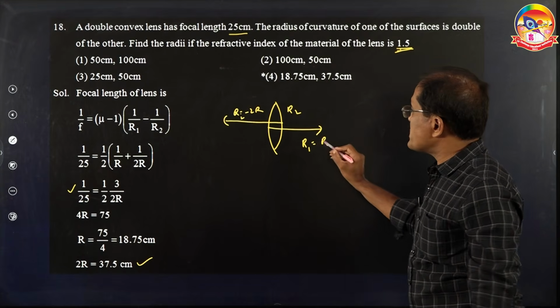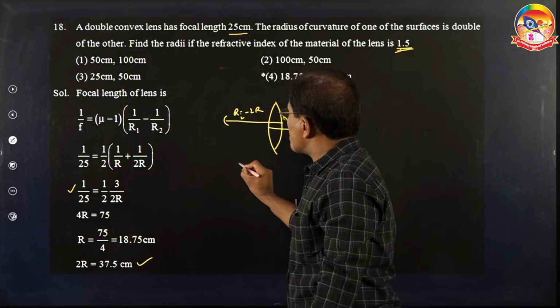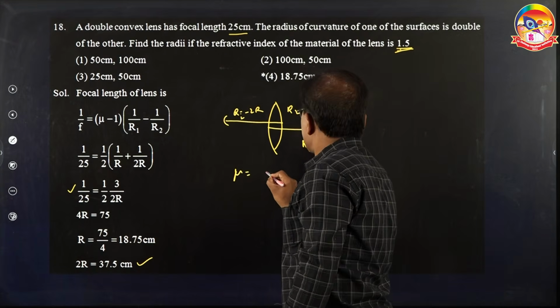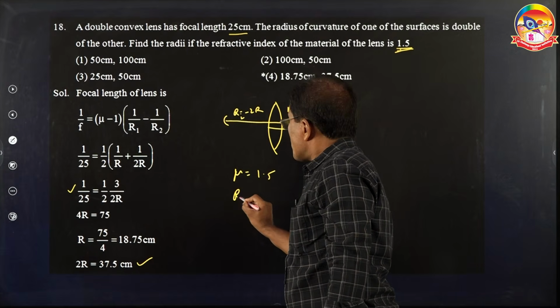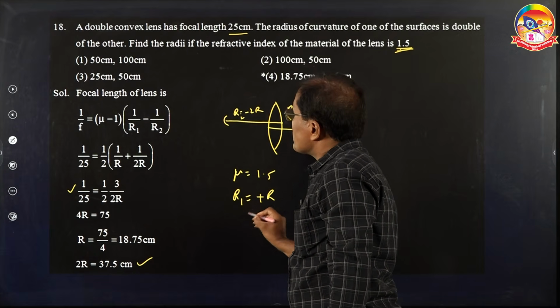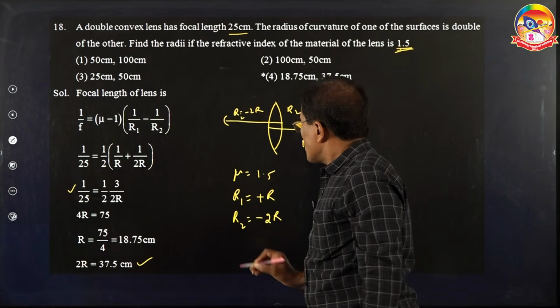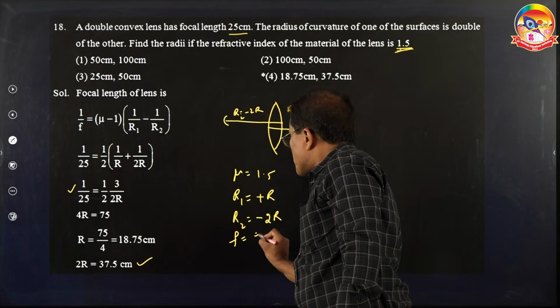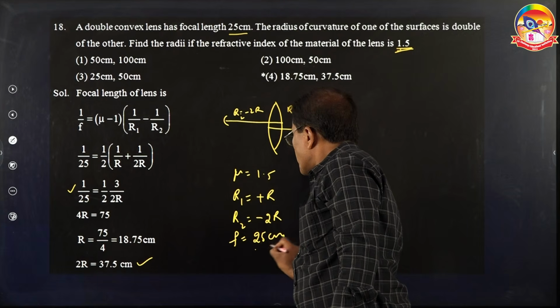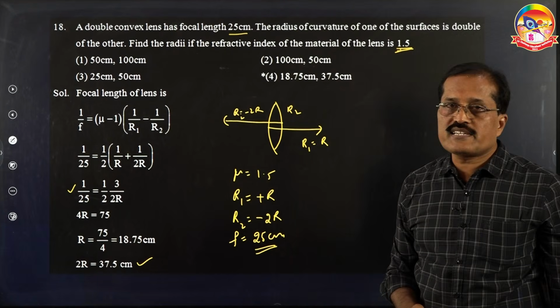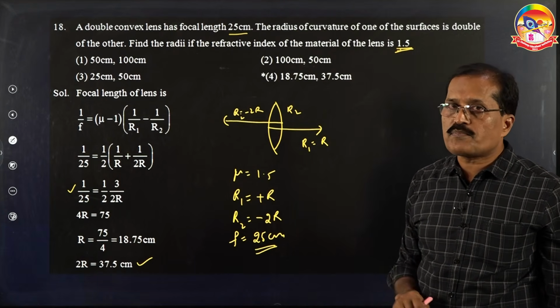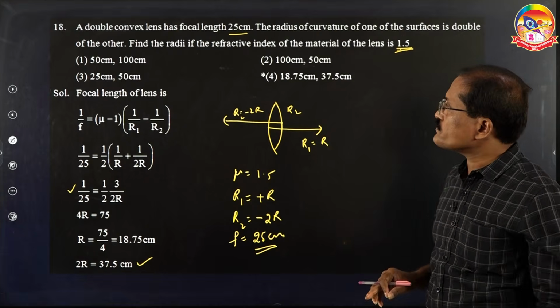Just substitutions. See, I am writing the substitution part again: mu is equal to 1.5, R1 is equal to plus R and R2 is equal to minus 2R. So, F is equal to plus 25 because biconvex lenses are convex lenses only. Okay, children, so directly you can substitute and you can pause the video and check that.